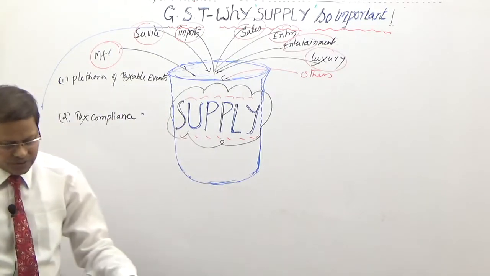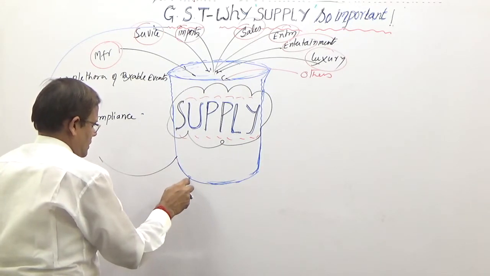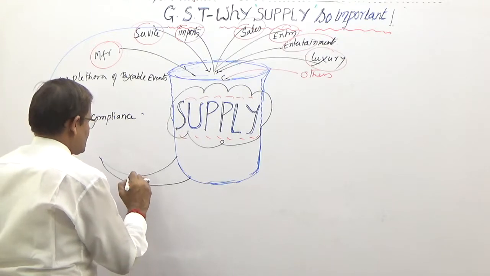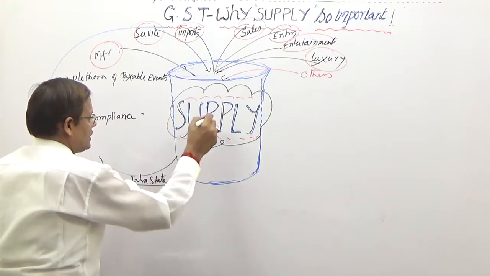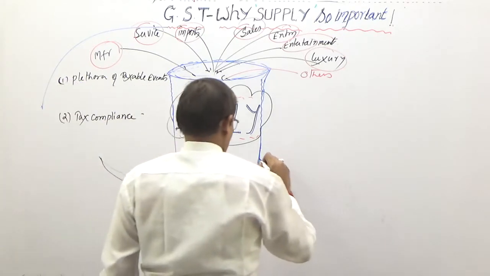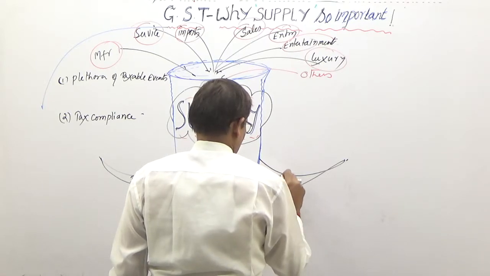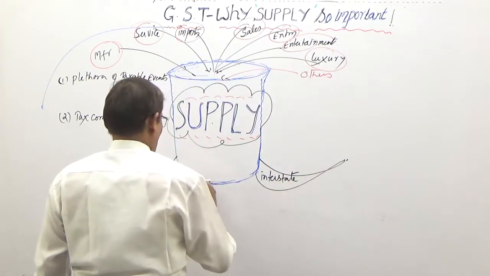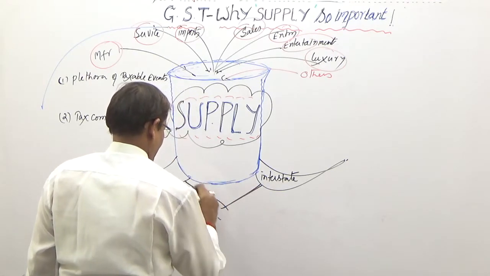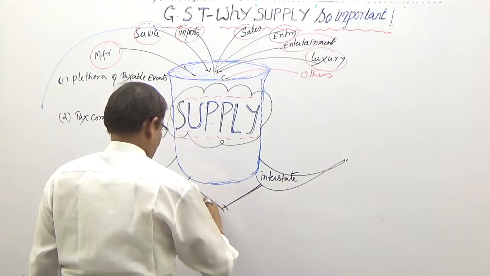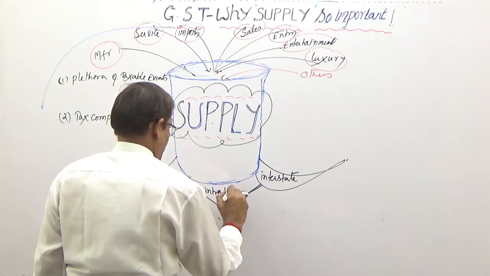First of all, you have to check whether the supply is intrastate or interstate, or intra UT, union territory.